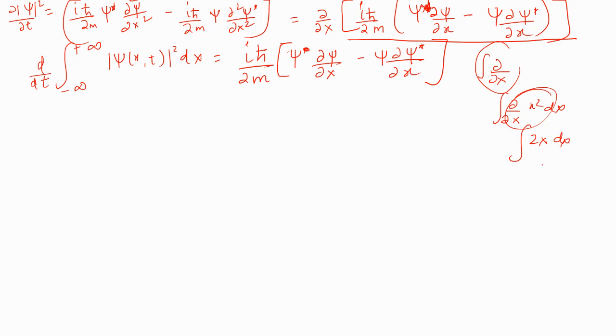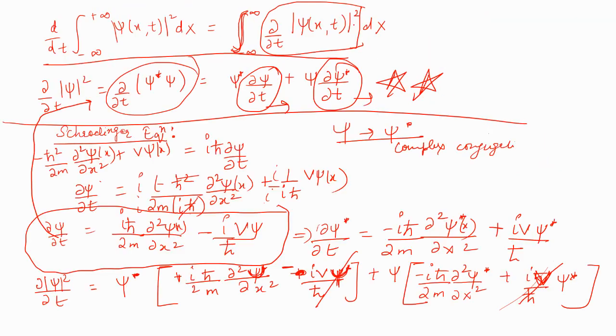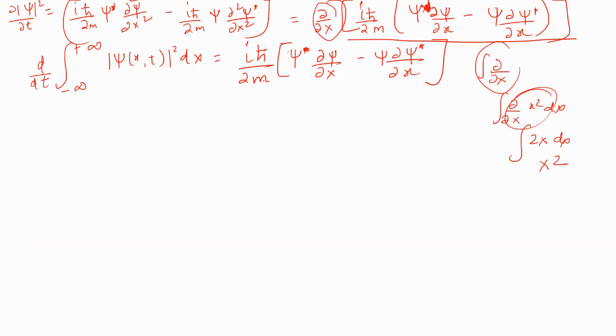Now again do integration of it, so you will get the same term. Similarly here there is a differentiation, put it in this term, and there is an integration, so they will cancel out each other, and you will get iota h cross upon 2m, psi star del psi by del x minus psi del psi star upon del x.